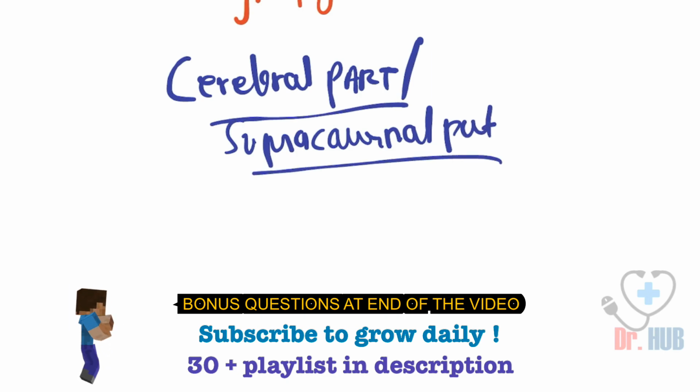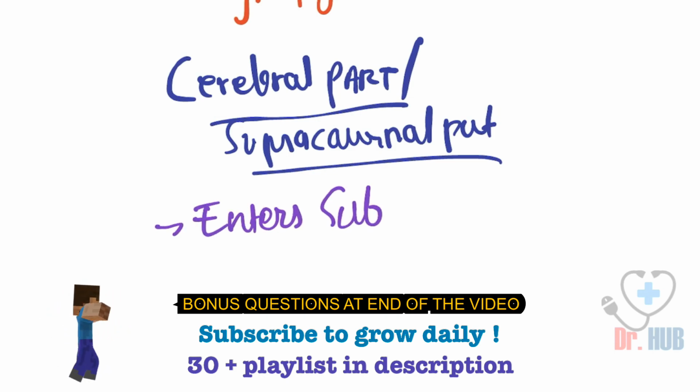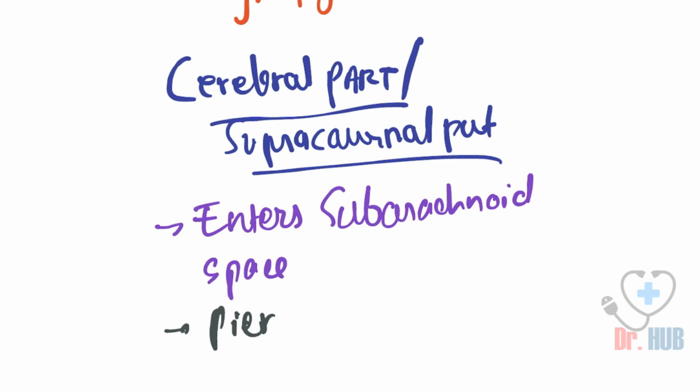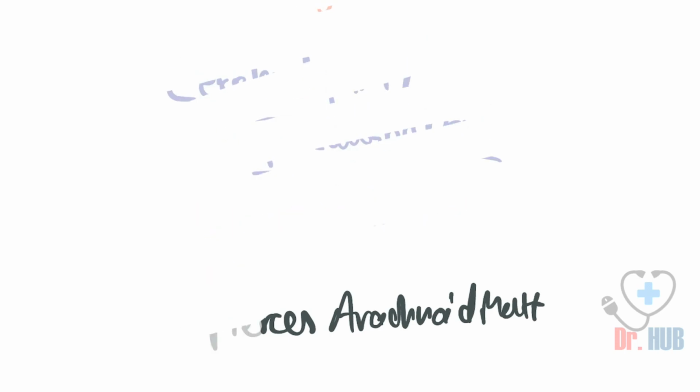In case of the cerebral part, the course is that it enters the subarachnoid space and pierces the arachnoid mater. After piercing the arachnoid mater, it divides into two parts.